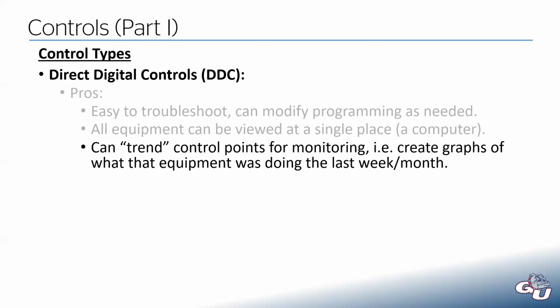Then I can make sure when my heater turns on, I see an increase in supply air temperature. Or maybe if the heater's broken, I'm not seeing that correlation. I'm seeing the heater try to turn on, but I'm not seeing a rise in temperature. So that can be extremely helpful in trying to troubleshoot equipment and find out what's going on.